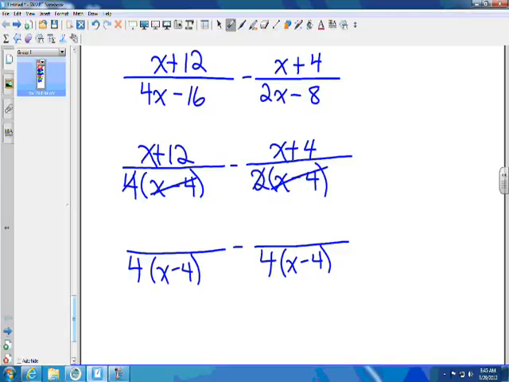We got it. Here's your original one. What's different? Nothing. So do we need to multiply the top times any? Stays x plus 12. What's different on this one? Right. This 2 is a 4, so what do we multiply by? A 2. And for that, I would put the top in parentheses, because what do you got to do?